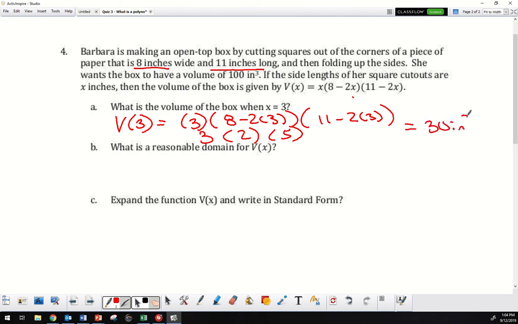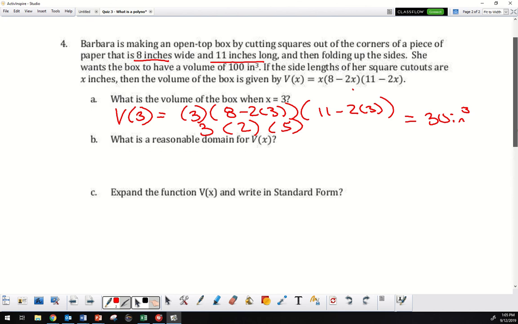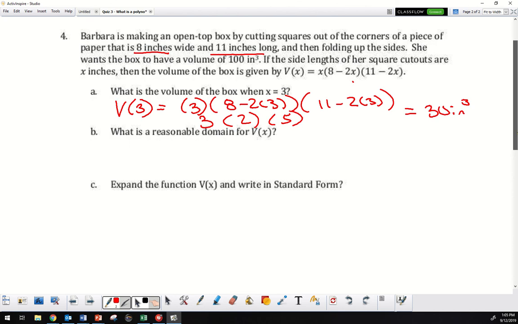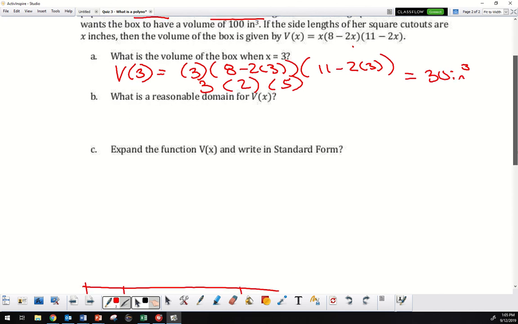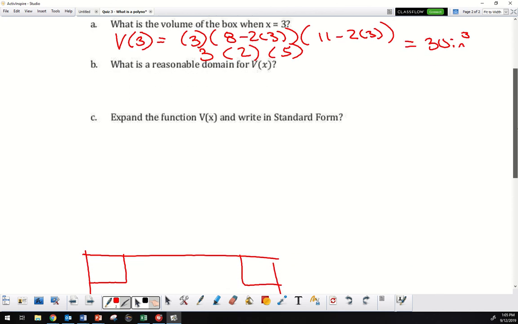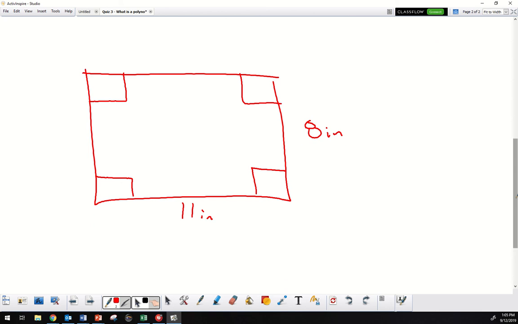30 inches cubed. All right. What is a reasonable domain? So I'm going to go back down to my shape to actually talk about this one.